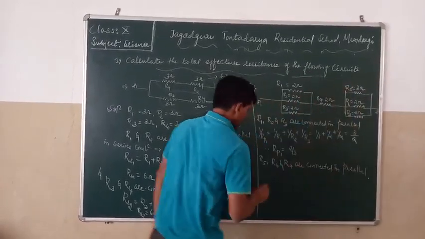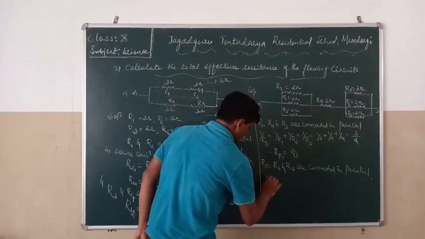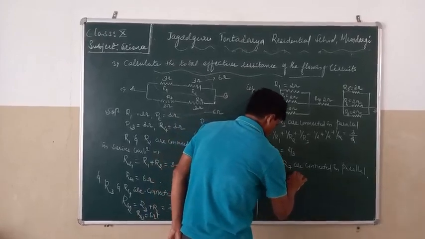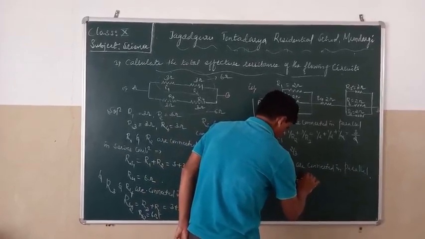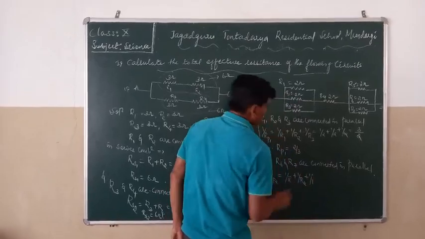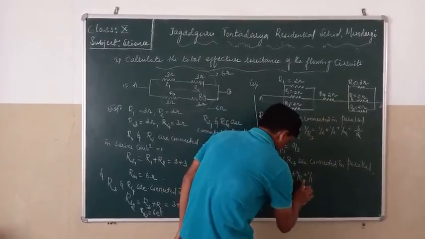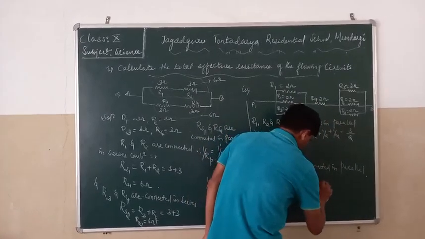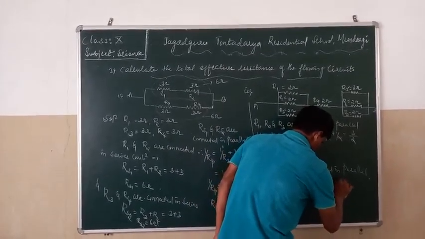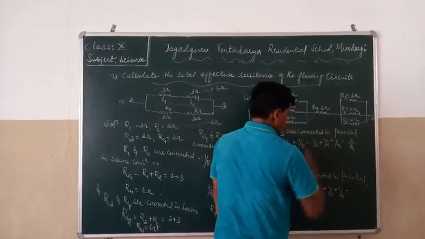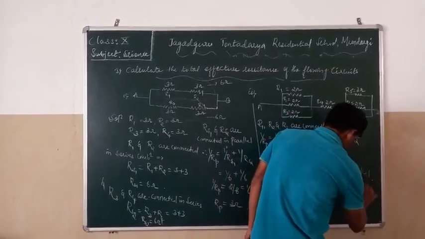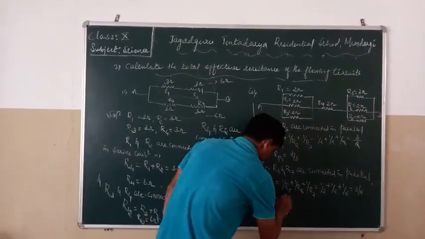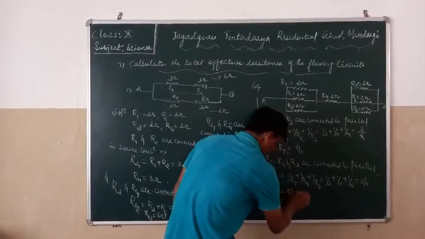Rp1 is there, I need to take Rp2. 1 by R5 plus 1 by R6 plus 1 by R7. Same once again: 1 by 2 plus 1 by 2 plus 1 by 2. This is also 3 by 2. Here I can say that Rp2 is nothing but 2 by 3.